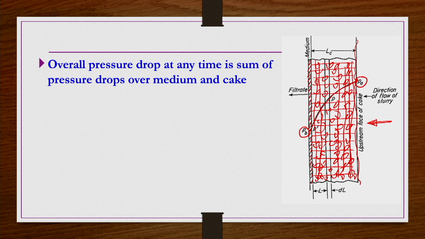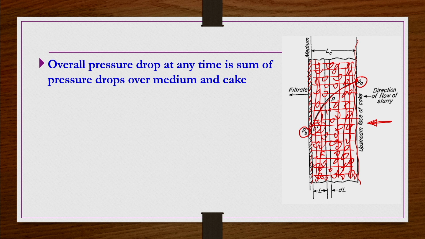The question may be why it cannot be a linear pressure drop between these two. It is because of these complicated things, like the size of the particles, since the particles are not of the same size, the shape of the particles is also not the same, and the voidage of each individual layer, if you break this cake into layers, is going to change from one layer to another. So because of these many reasons, the pressure drop is going to be non-linear.